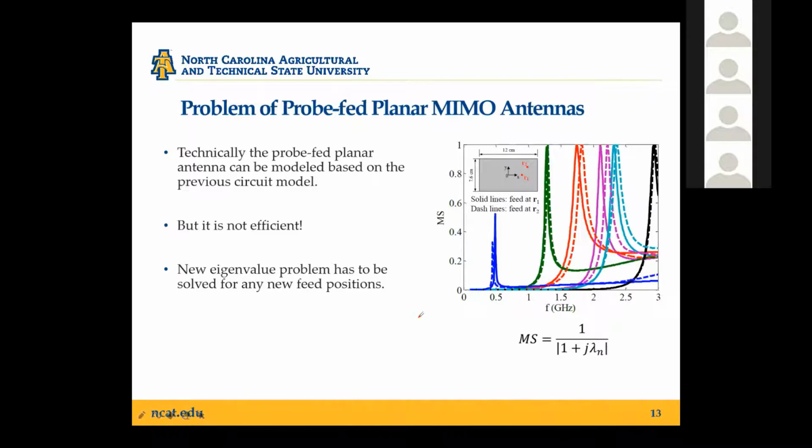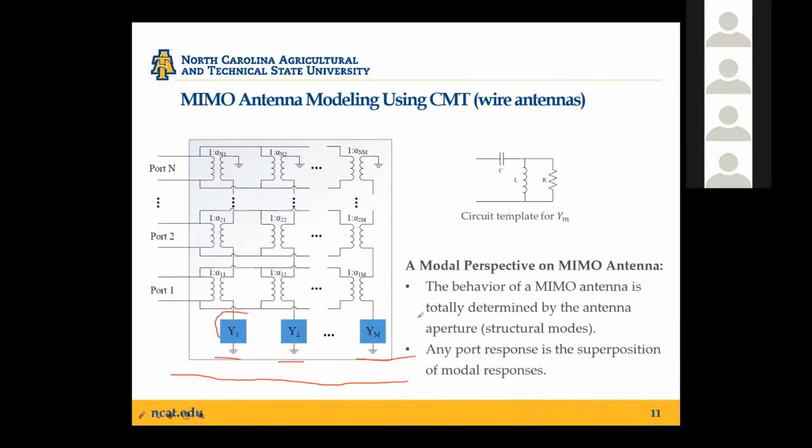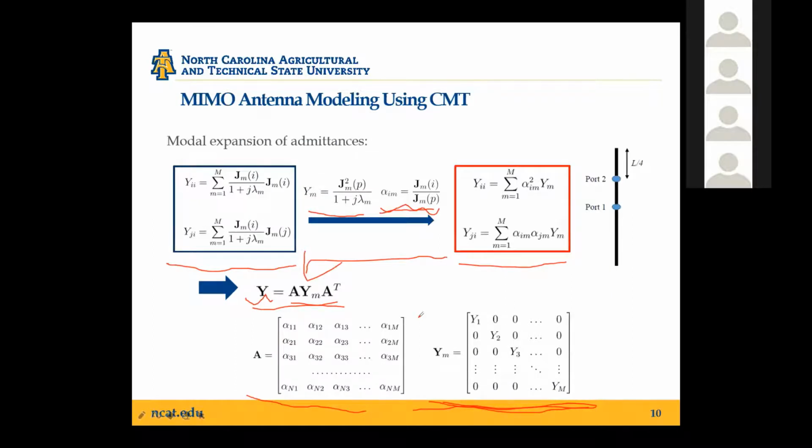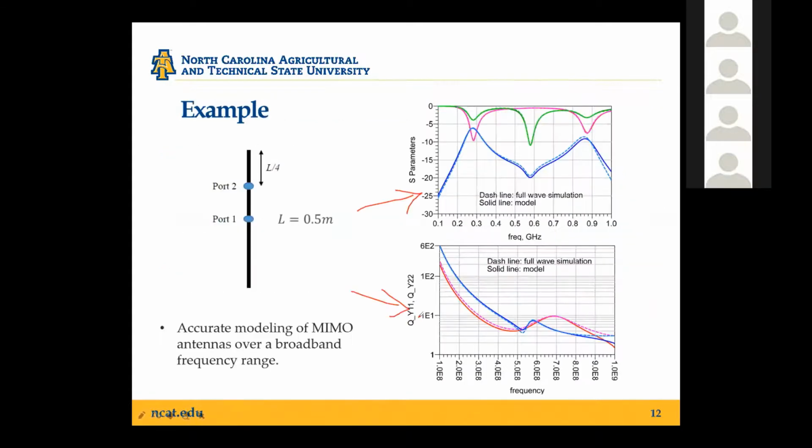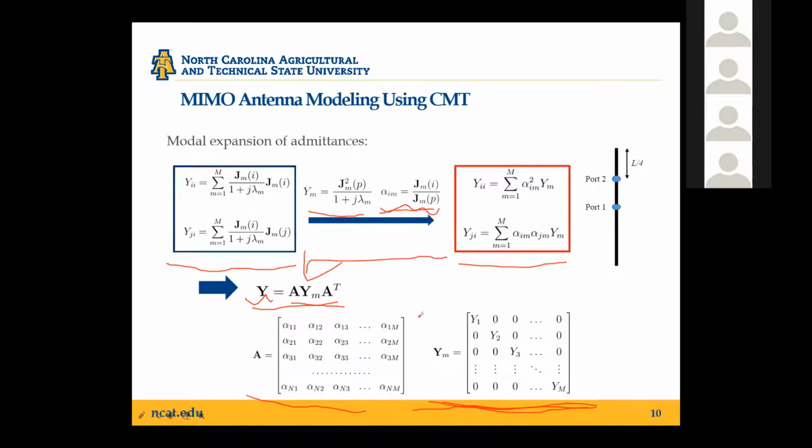The antennas we looked at here are based on current distributions, and technically it can be applied to patch antennas as well. If you feed a patch antenna with multiple probes, you can use the current distribution on the probes and the formulation mentioned here to model the patch antenna response as well.